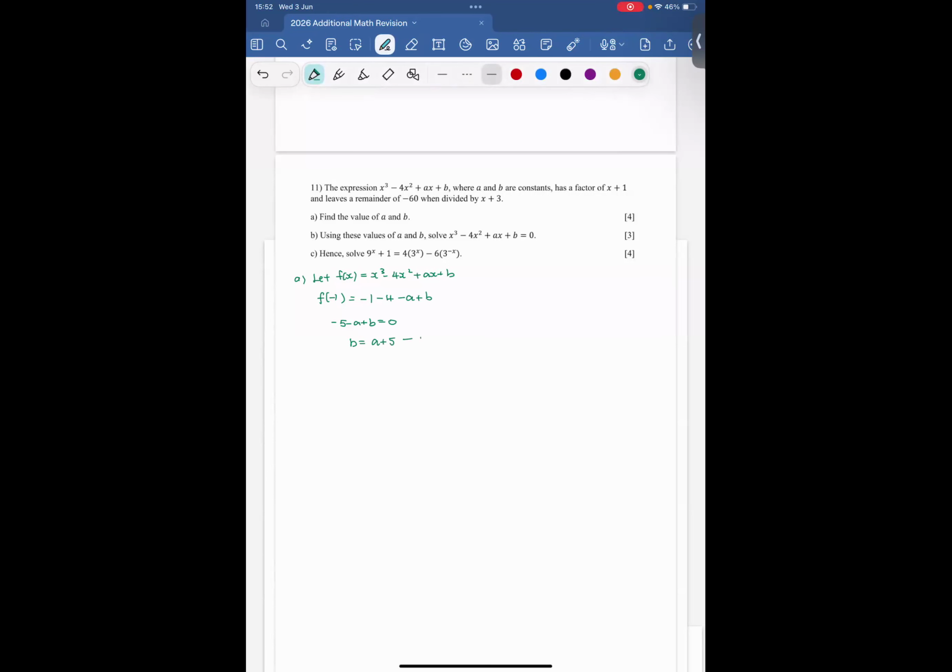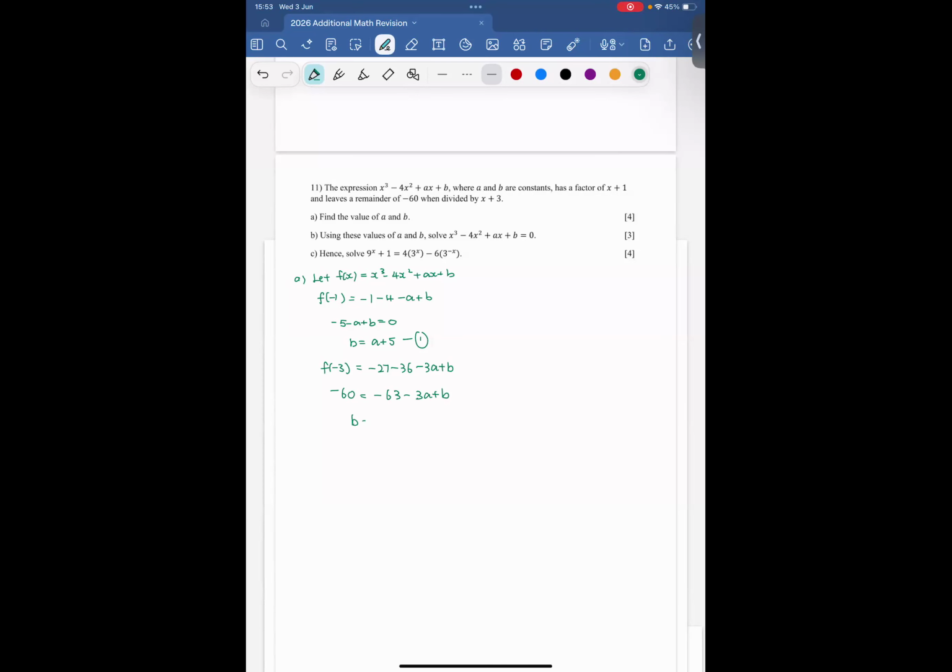Okay, after that they say what? When divided by x + 3, remainder is negative 60. So f(-3): minus 27 minus 36 minus 3a plus b. So negative 60 equals to negative 63 minus 3a plus b.